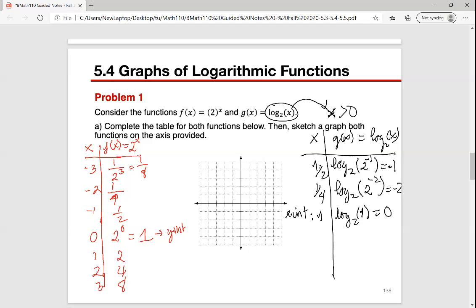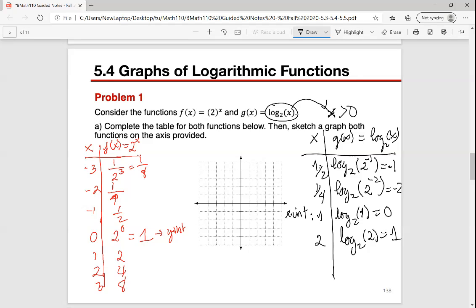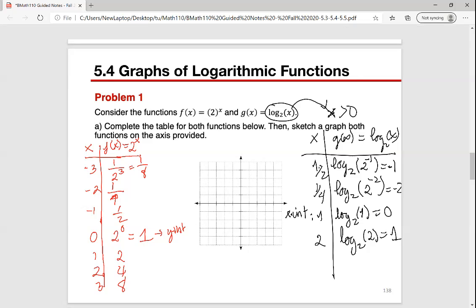Okay, so what else? Say 2. Log base 2 of 2 is equal to 1, right? Because this is 2 to the power 1.